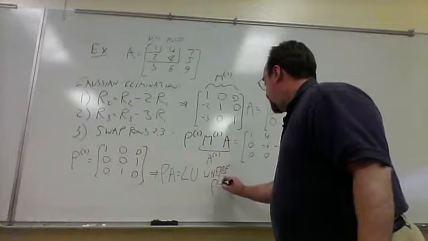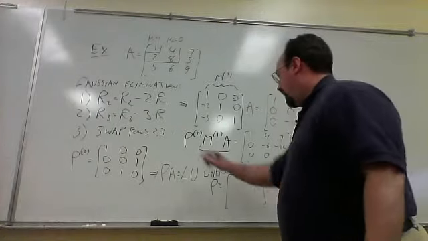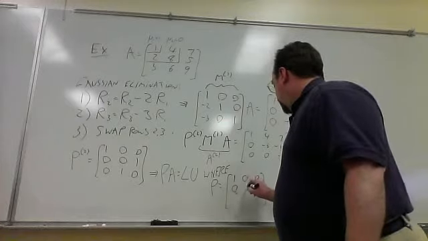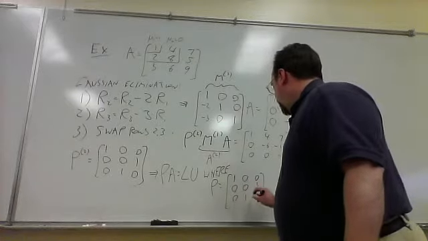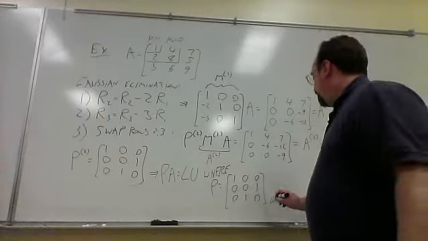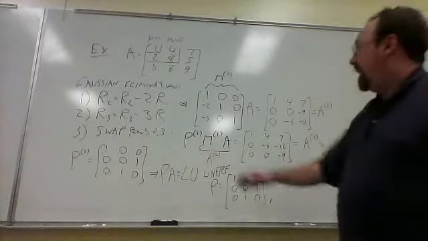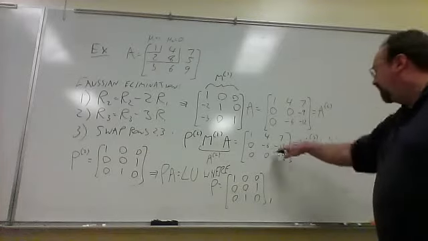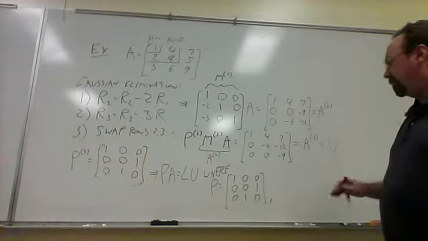So P is that one permutation, because all we had to do was swap rows 2 and 3. And then A is our original matrix. U is our resulting matrix, so we already have those written out.